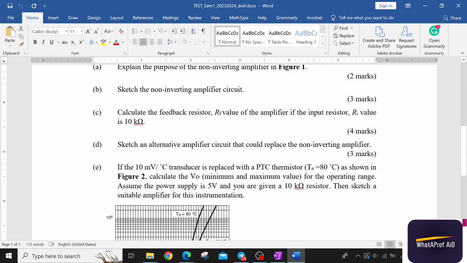Don't confuse this, because for other sensors like a thermistor, NTC, even though it is 0 Celsius, you cannot use inverting, because 0 Celsius for a thermistor won't produce 0 voltage here. But for this case, 0 Celsius actually will produce 0 volt here.